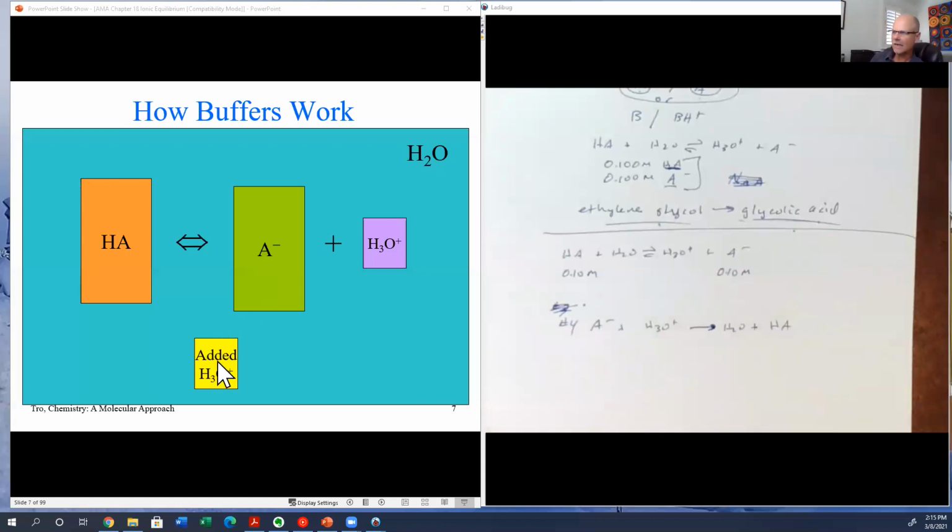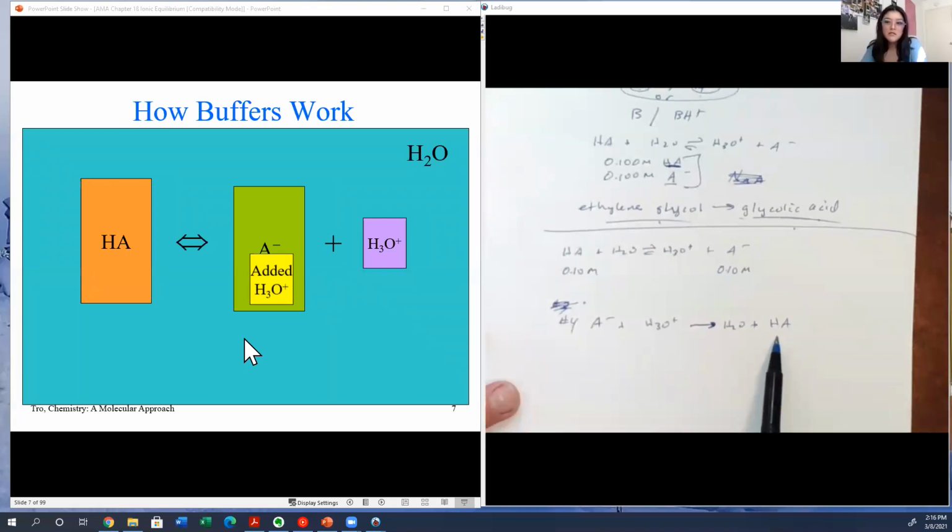So in other words, this added H3O plus is going to react with the A minus, okay? Now, notice what happens. When the H3O plus reacts with the A minus, what does it form? HA. HA, right? It forms HA.